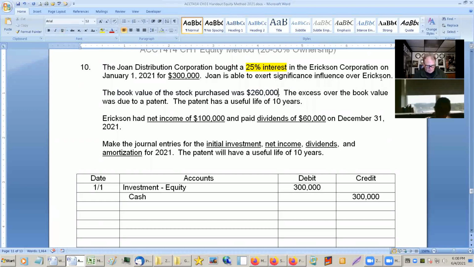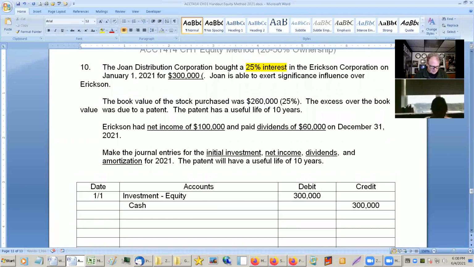So these both are already 25%, so you don't have to multiply those by 25%. Just a different way of doing it. This is one of those things that when a book tries to make it easier, it makes it harder.